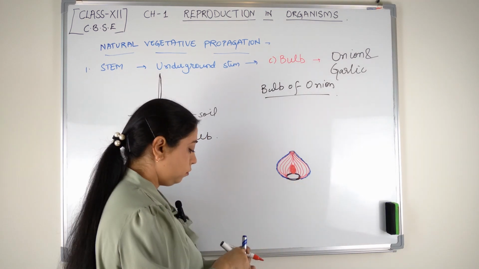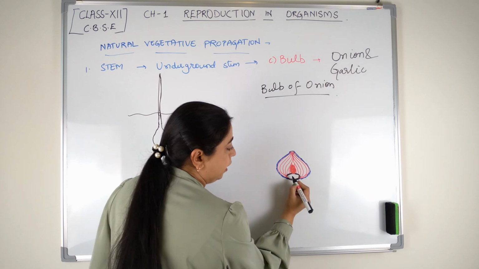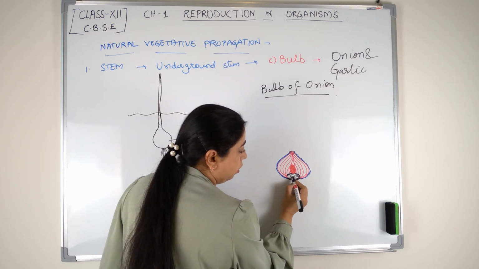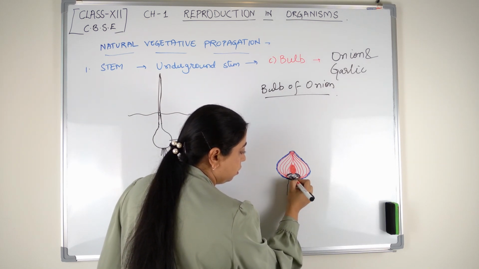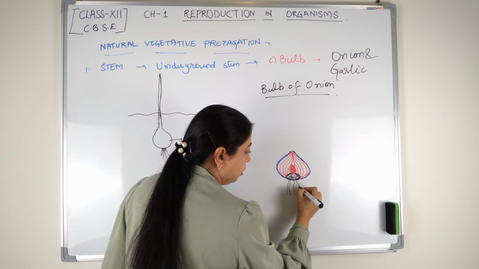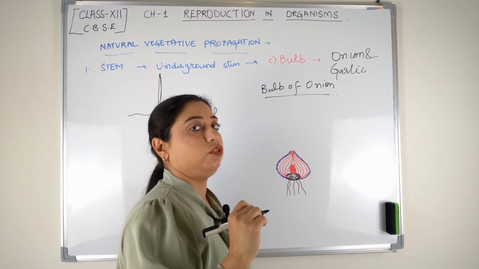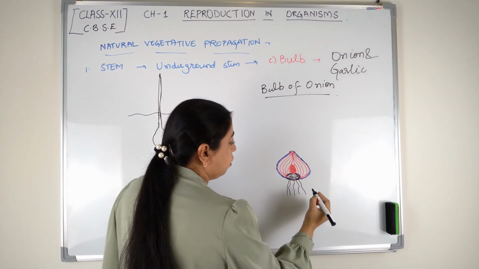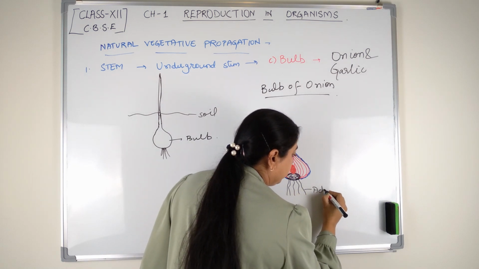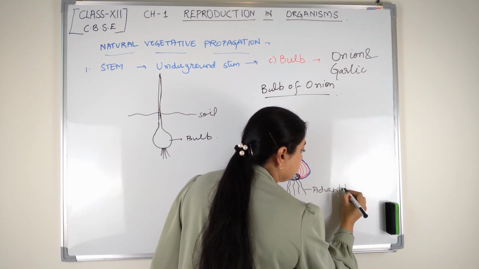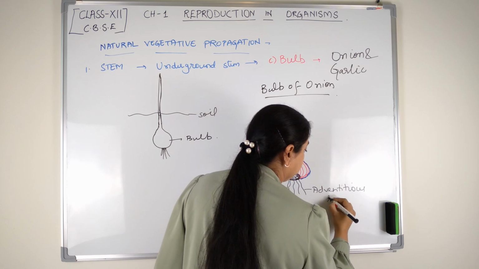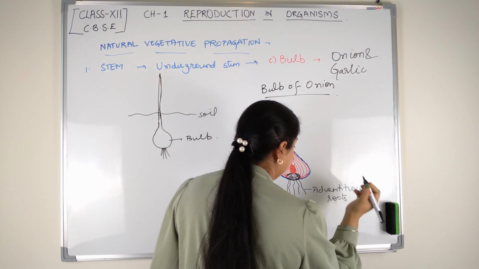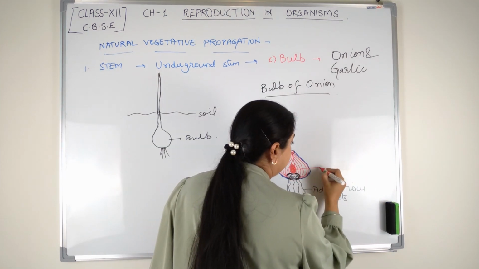So from the stem area only, arises a large number of adventitious roots. So these are adventitious roots. This is a bud.